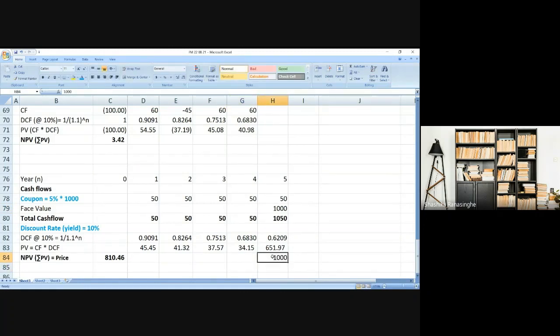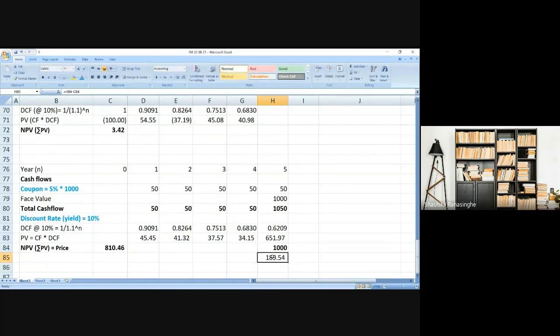That means your investment today has increased by 1,000 minus 810, which is 189.54. That is one form of return that you're getting, the investment amount increasing to 1,000.